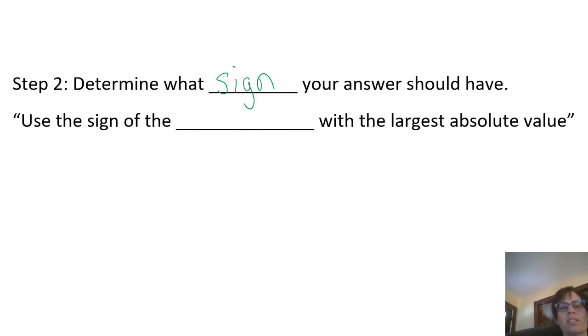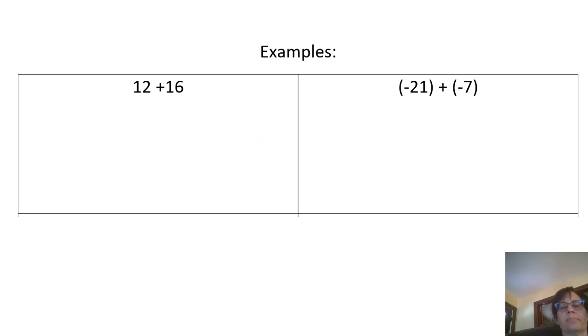You're going to use the sign of the integer with the largest absolute value. Now that rule isn't always needed, and several of you are going to realize that on my first 2 examples. However, I always like to emphasize rules that always work, and that one always works for every problem.